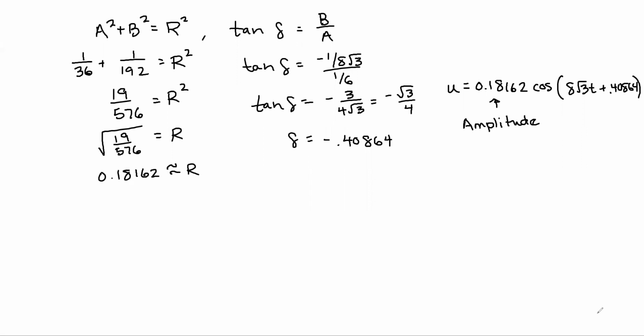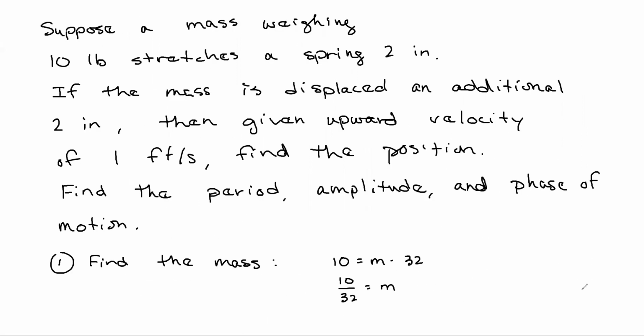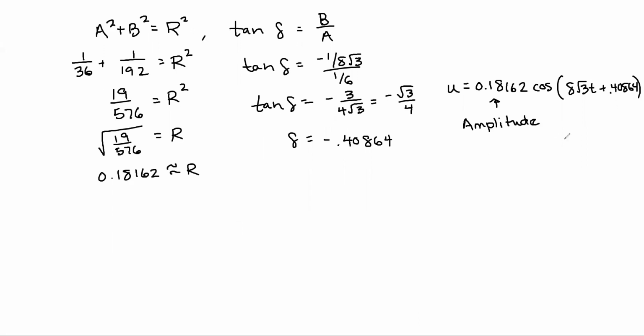What else did they ask for? Amplitude, period. So the period is going to be 2 pi over 8 root 3, which is approximately 0.453.